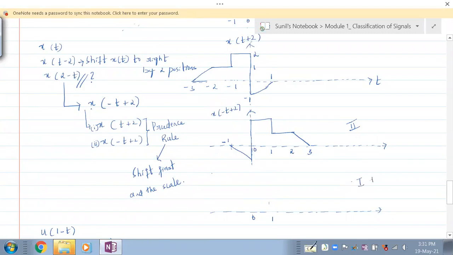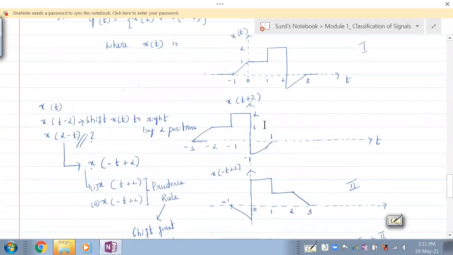This is just an intermediate signal that we took to do intermediate stuff. So the first signal, then the second signal, these two need to be added.